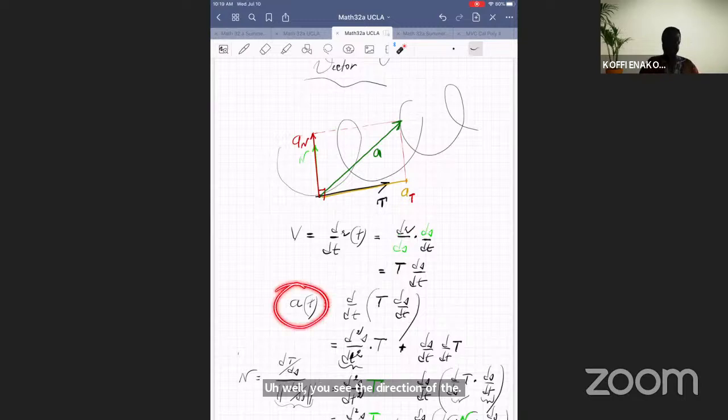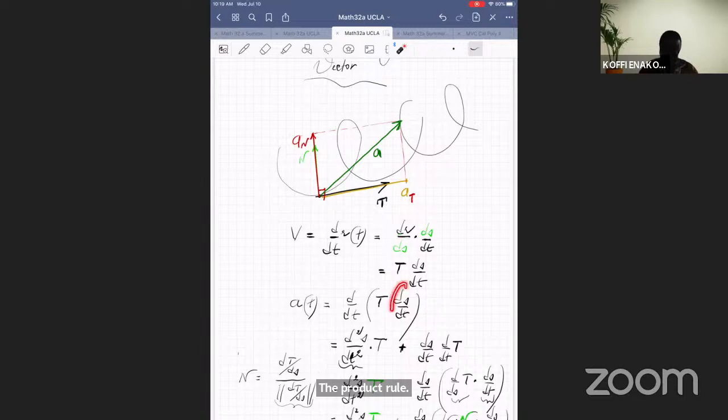So from there, I can find the acceleration a of t. The acceleration a of t then is the derivative with respect to t of v, which is the derivative with respect to t of T times d with respect to t of s. Okay, same term that I have here. So I can use the product rule for the multiplication.